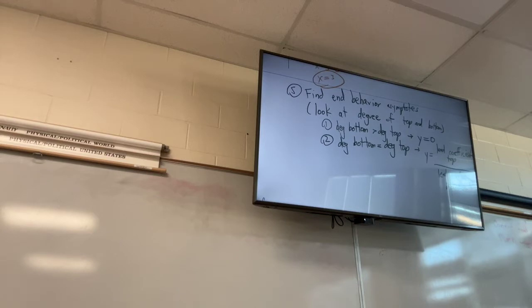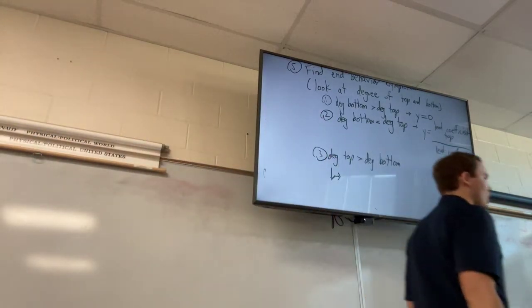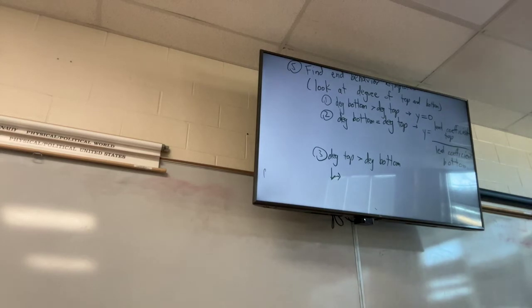What if the degree of the top is greater than the degree of the bottom? What do I do then? It does exist, but it's not horizontal, it's oblique. How do I find the equation of my oblique asymptote?